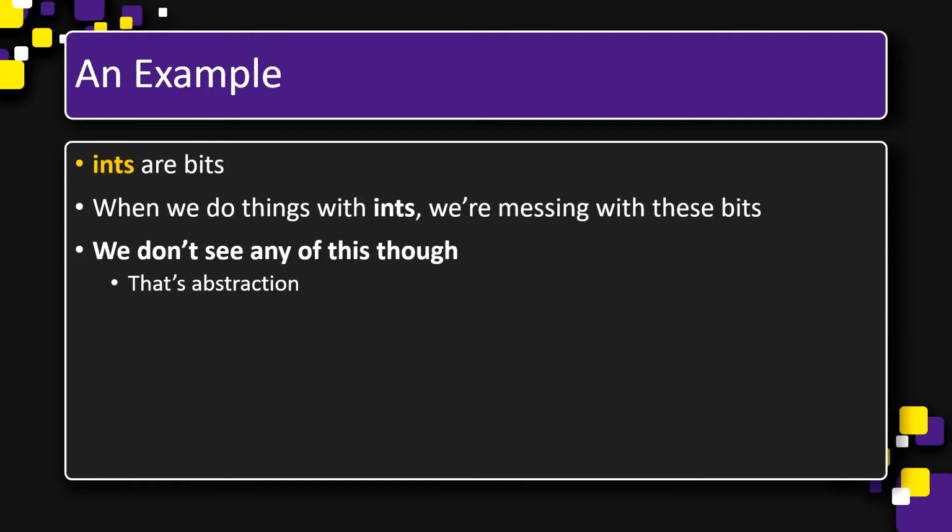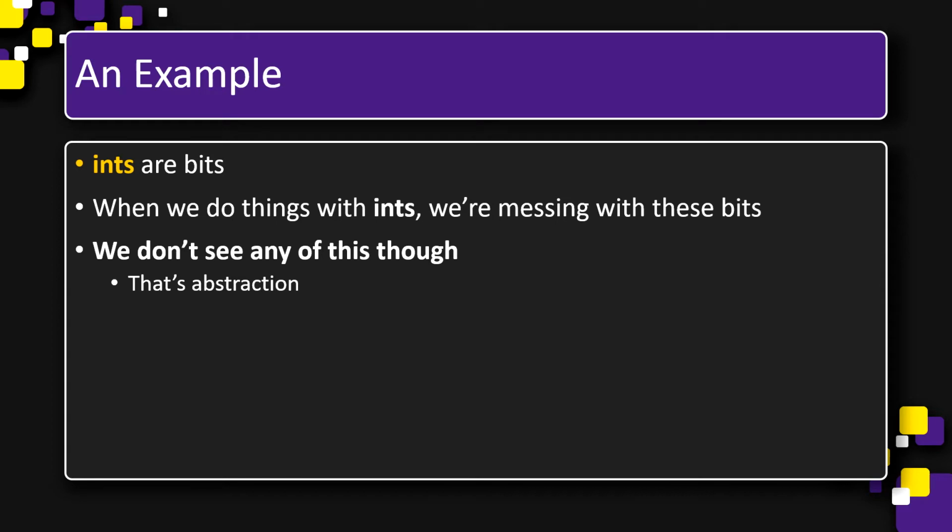Well, ints are really just bits. They're little pieces of information down at the binary level, represented with zeros and ones. And when we do things with ints, we're just messing with these bits. We're doing operations over these to change what they represent. But we don't see any of this. This is abstraction.